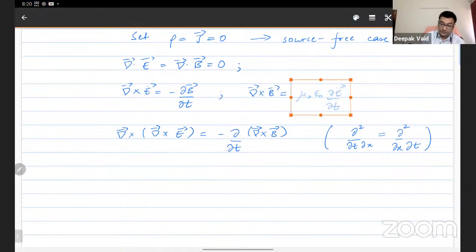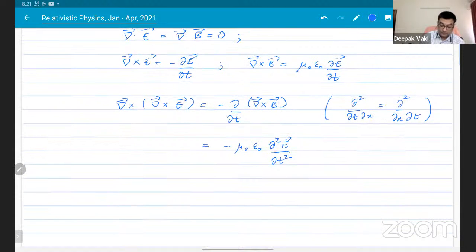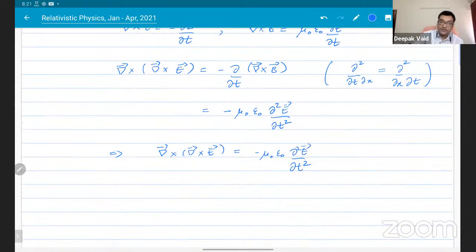Then I can substitute this expression, so I get minus mu naught epsilon naught d squared E by dt squared on the right. So now this becomes a differential equation purely in terms of the electric field, right?